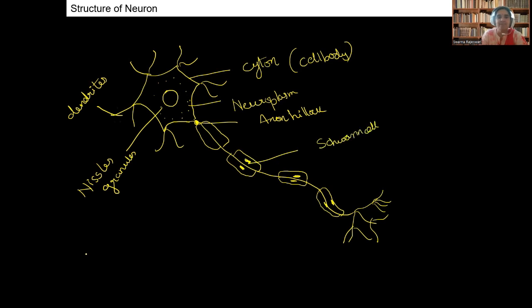We are seeing some gaps in between the axon where it is not covered by the myelin sheath, which we call nodes of Ranvier.